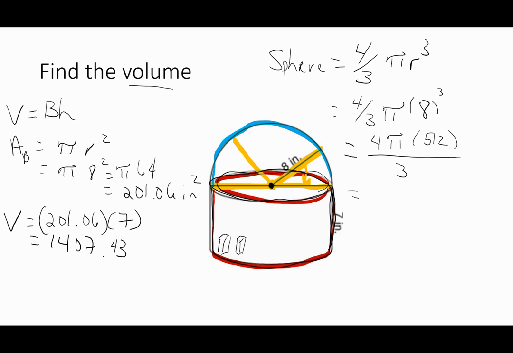So 4 times pi times 512 is 6433.98. Now that's for a full sphere. So we have a half, so we take that and divide by 2, and we get 3216.99.